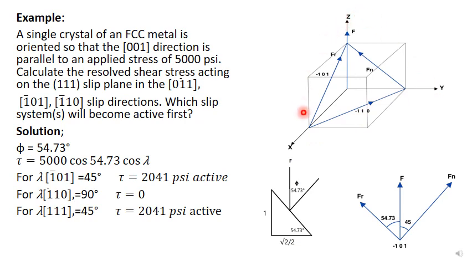The only two directions we expect the gliding or sliding to occur on are these two directions. The illustration for the whole problem is here and here.